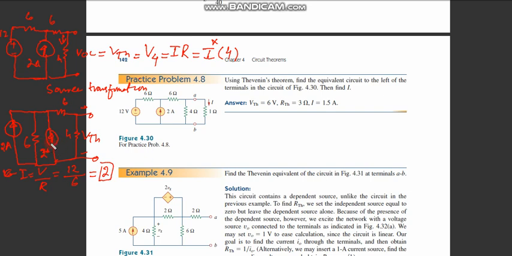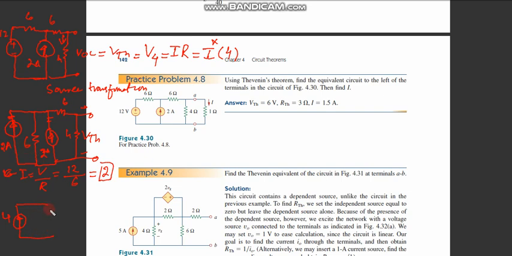Now I can simplify this circuit by adding these current sources, this one and this one. They are going into the same node, and the direction is upward. So I can add them up: 2 ampere plus 2 ampere is 4 ampere.